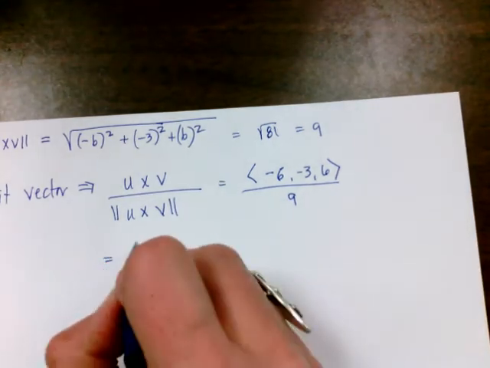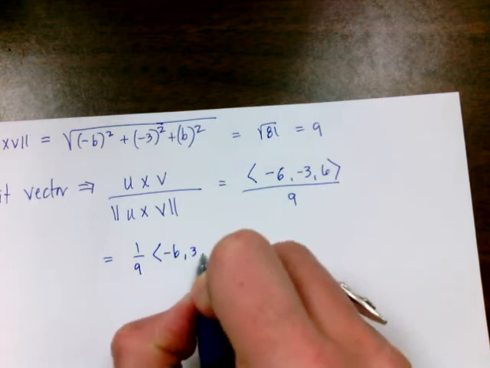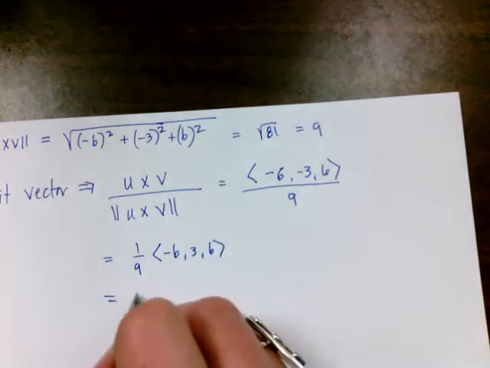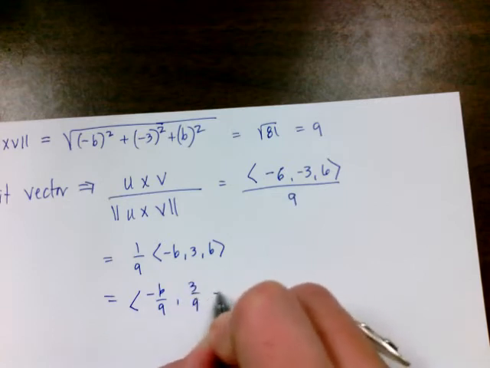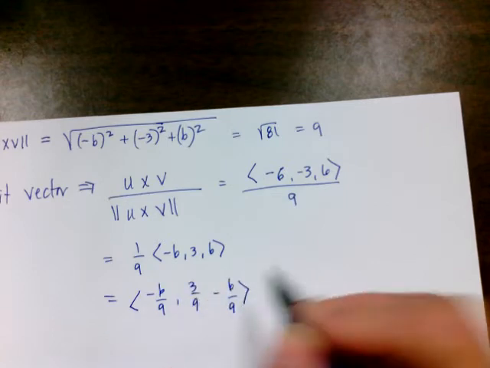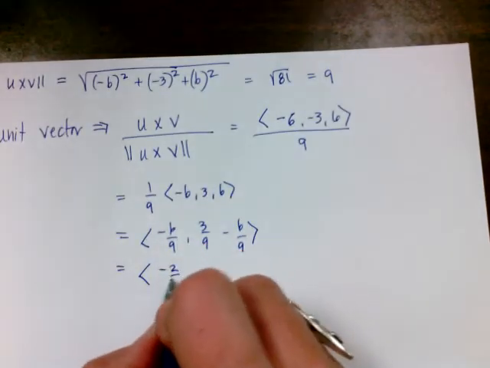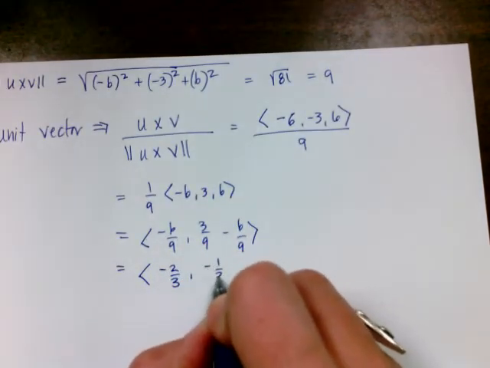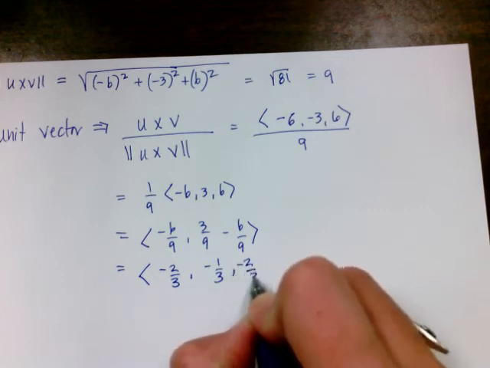The book likes to write it as 1 over 9 pulled out front, and negative 6, negative 3, and 6. I like to put them all together, negative 6 over 9, negative 3 over 9, 6 over 9, and reduce my fractions. So I'm going to end up with negative 2/3, negative 1/3, and a positive 2/3.